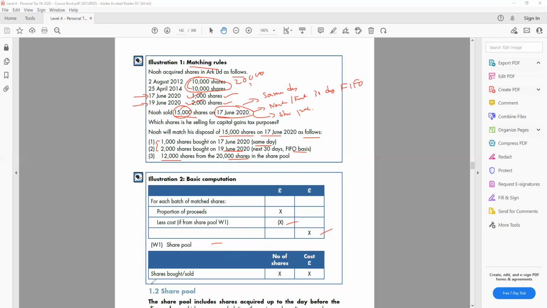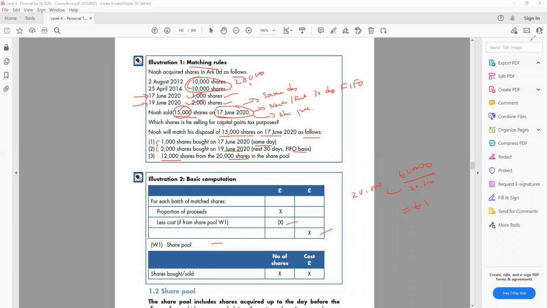So shares bought and sold, number of shares, and the cost. For example, if my total number of shares is 20,000, and I buy these 20,000 shares for 20,000 pounds, then if we divide, each share will give me £1.